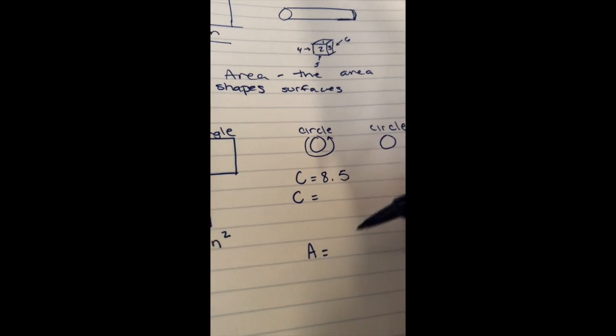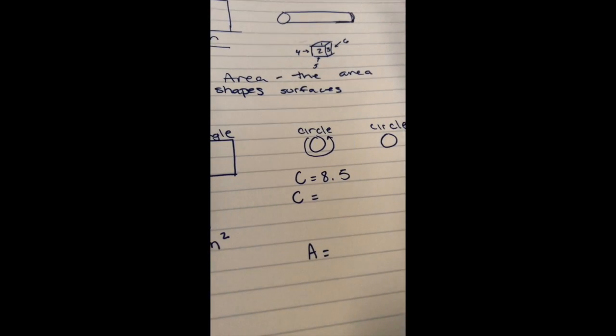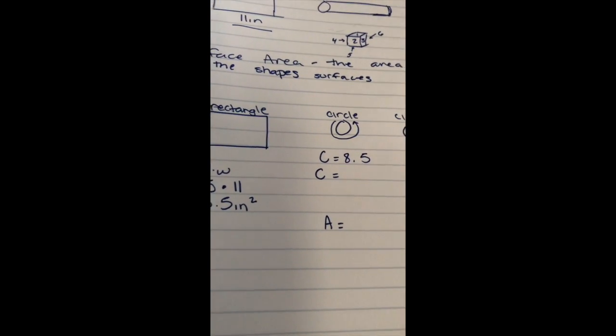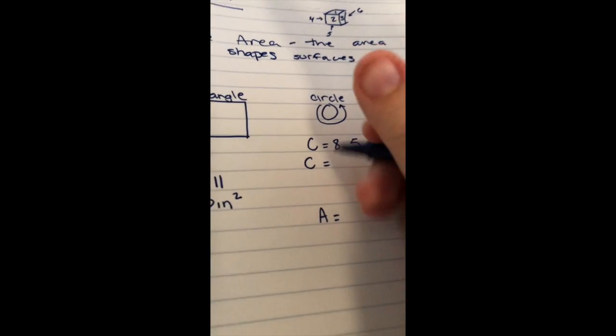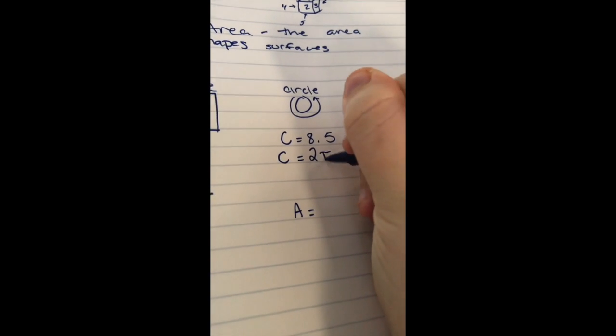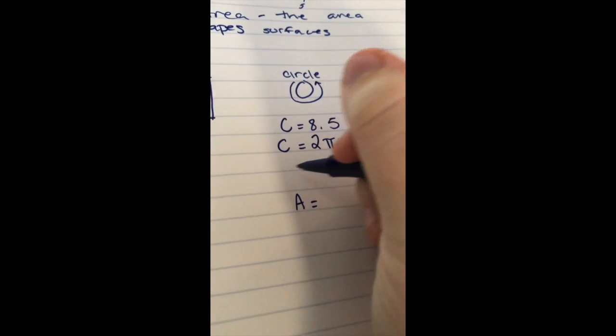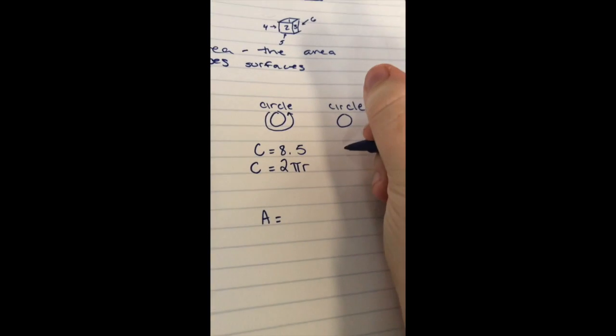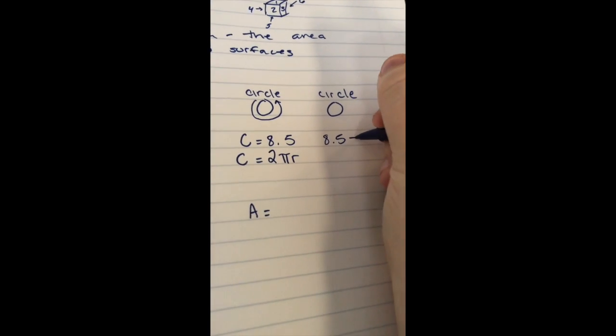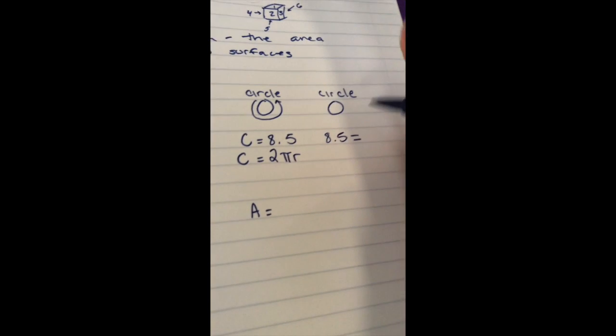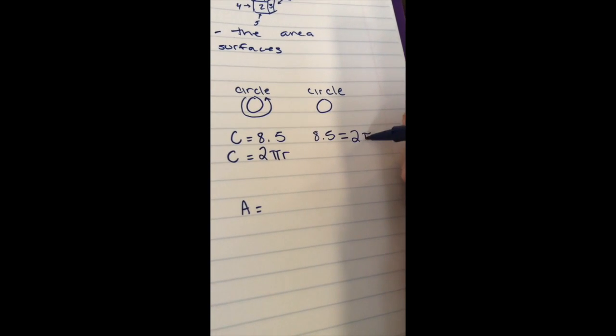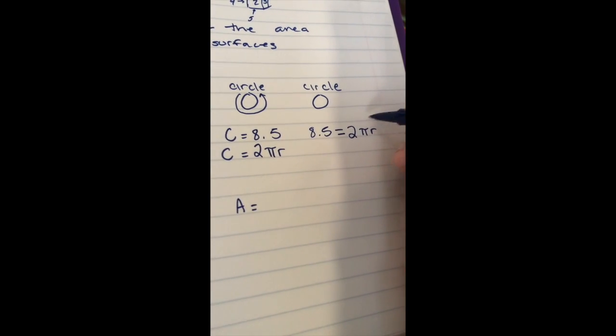So what's the formula for circumference? 2 pi r. 2 pi r, perfect. So we know that 8.5 is our circumference, our C, and we have to get 2 pi r over here.